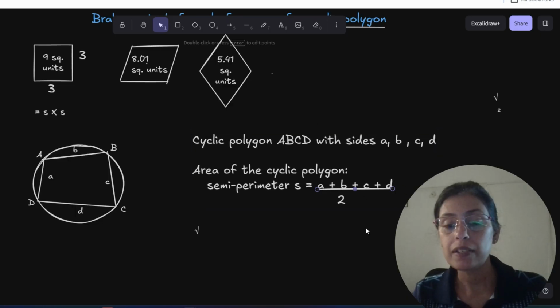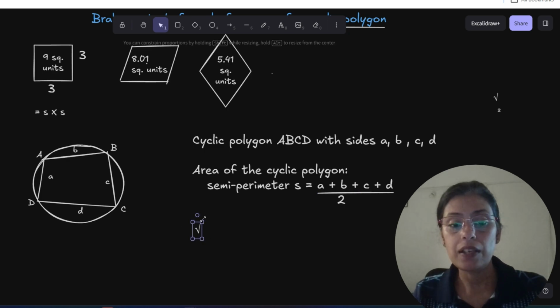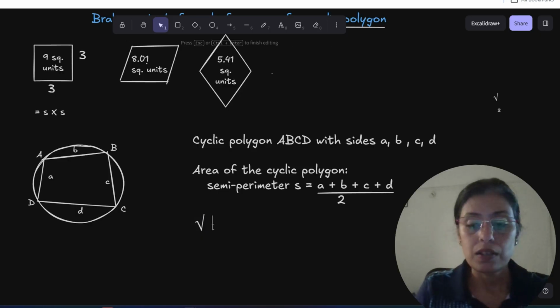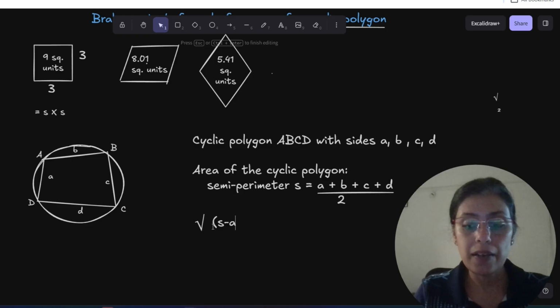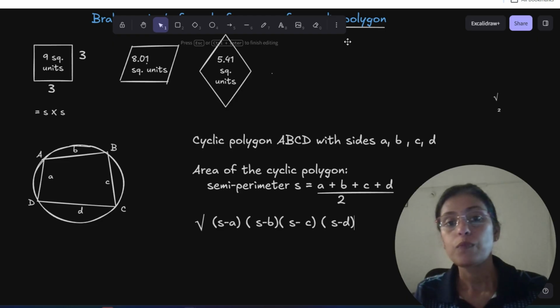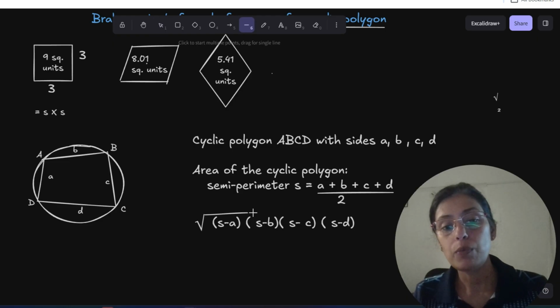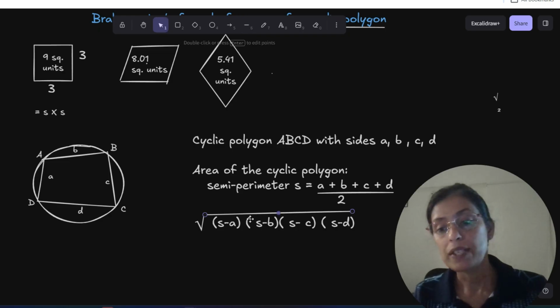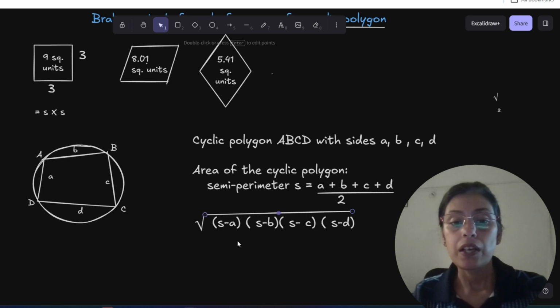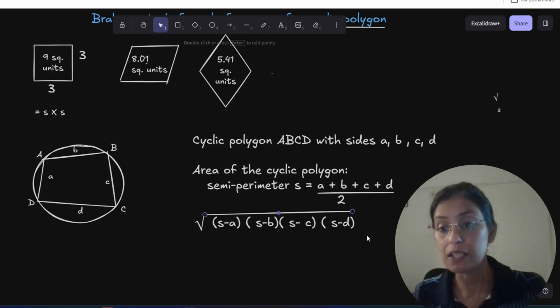And then the area will be the square root of S minus A, S minus B, S minus C, and S minus D. In Heron's formula, we started with S, S into S minus A, S minus B, S minus C. Here it is slightly different: S minus A, S minus B, S minus C, S minus D, because there are 4 sides.